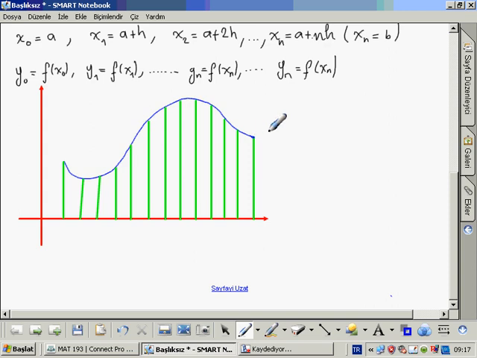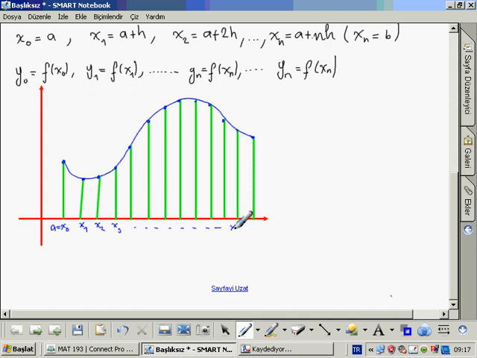As you see, for example, this is a, which is x0, and this is x1, x2, x3, and it goes like that.